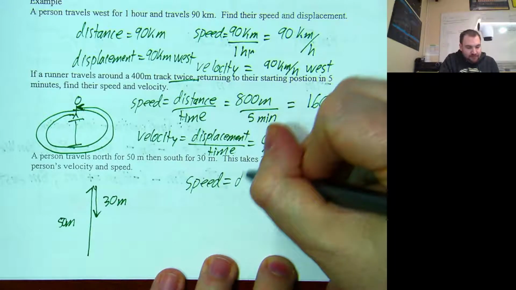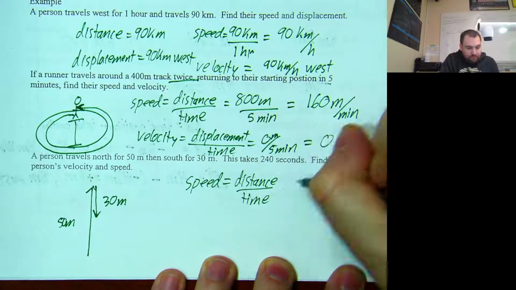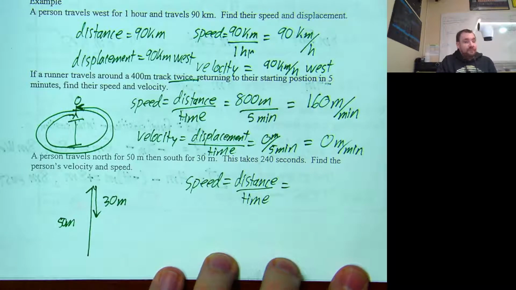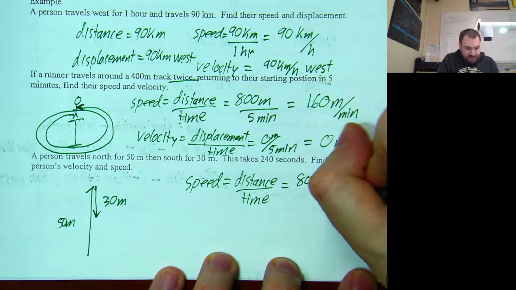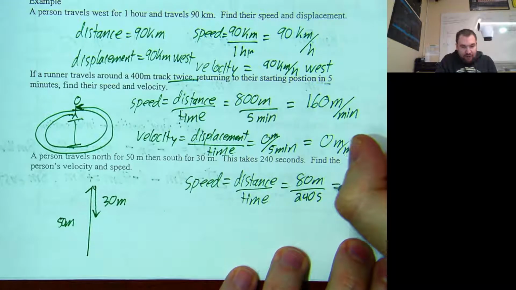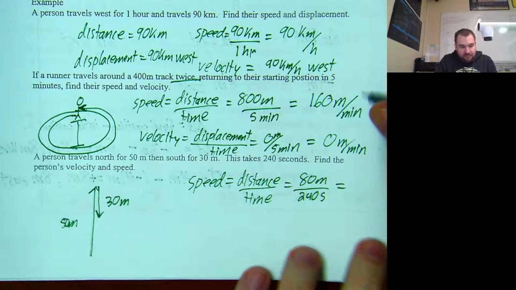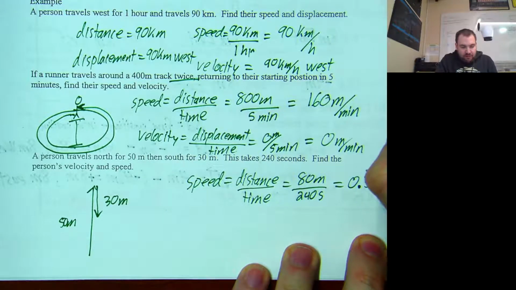Speed is distance over time. What's the distance traveled? 80 meters. It took them 240 seconds to do that. 80 over 240, that's 8 over 24. 0.3 repeating meters per second.